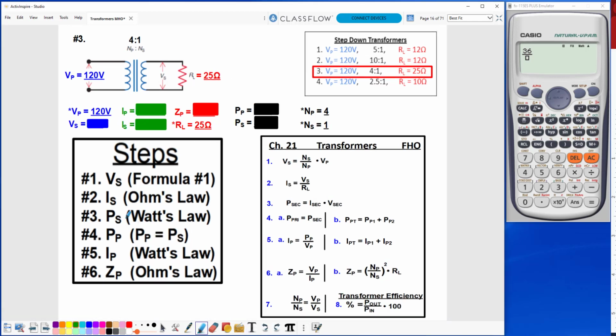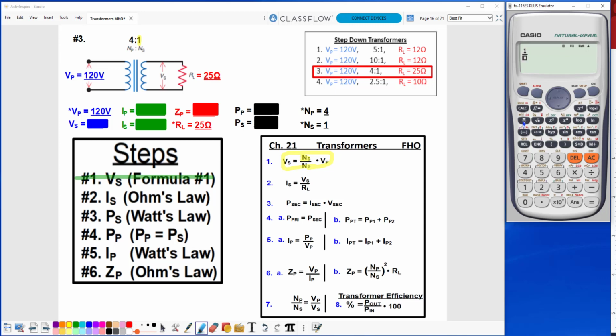Alright, so the first step I'm going to take here, I'm going to calculate the voltage of my secondary. And I see the formula I'm going to use, formula number 1. So I'm going to put the number of windings of my secondary in first, which is 1. Hit my over under button.